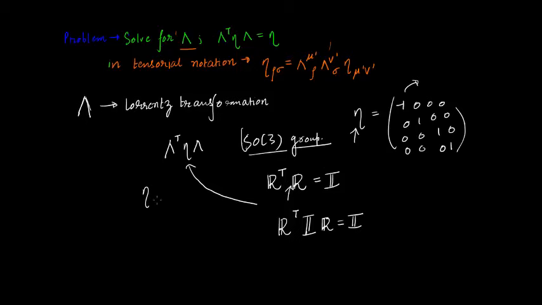Right? So that means that if we have an SO3 rotation that is happening, this must be some kind of rotation in a 4-dimensional space, right? So if we have a rotational matrix in SO3 which is giving us an identity matrix, and remember that R transpose is equal to R inverse, that's the property of a rotational SO3, that will correspond to some kind of rotation in Minkowski space as well.